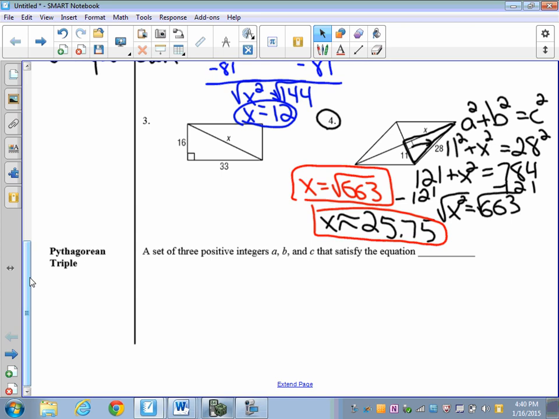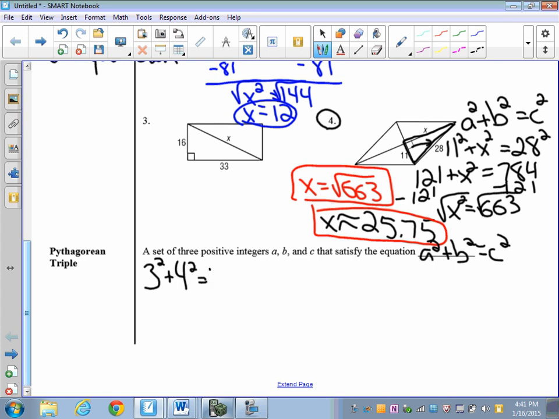A Pythagorean triple is a set of 3 positive integers, a, b, and c, that satisfy the equation a squared plus b squared equals c squared. The most famous Pythagorean triple is 3 squared plus 4 squared equals 5 squared. You'll see these numbers that work.